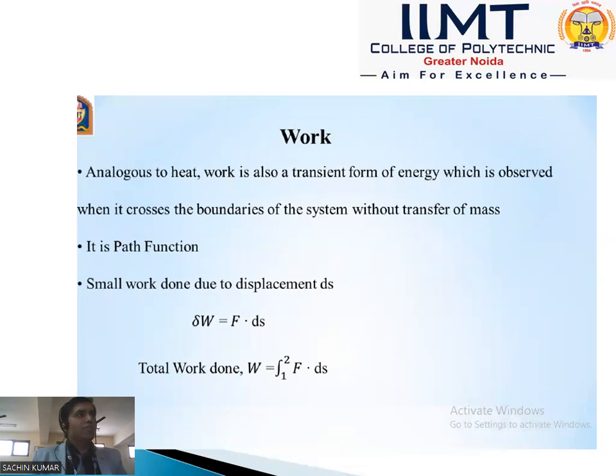If the volume is constant, with initial volume V1 at state 1 and V2 at state 2, the volume change is 0, so the work done, delta W equals P delta V, is also 0. We discussed in the previous slide how to find the work done for every process: isobaric, isochoric, isothermal, isentropic, isenthalpic. So we can find the work done for any system.